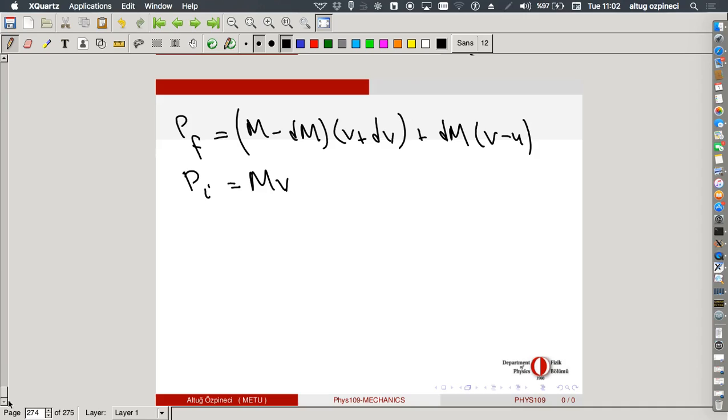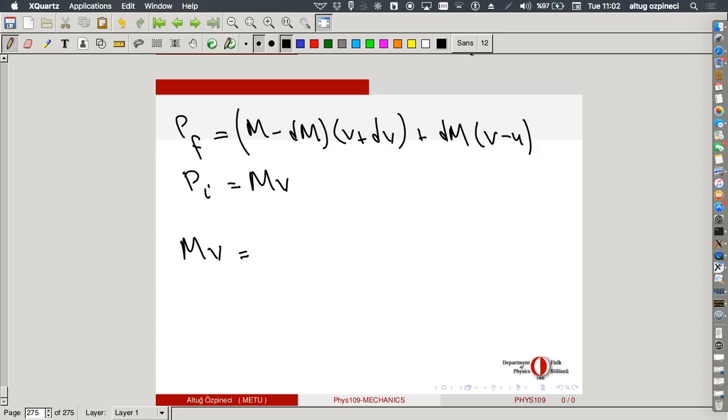Now I'm just imagining that I have this whole rocket. It just divided into two. This is the rocket. This is the exhaust that we just throw away. This is the speed. This is the mass. The total momentum of the system after I throw away this exhaust should be equal to the total momentum of the system before I throw away the exhaust.